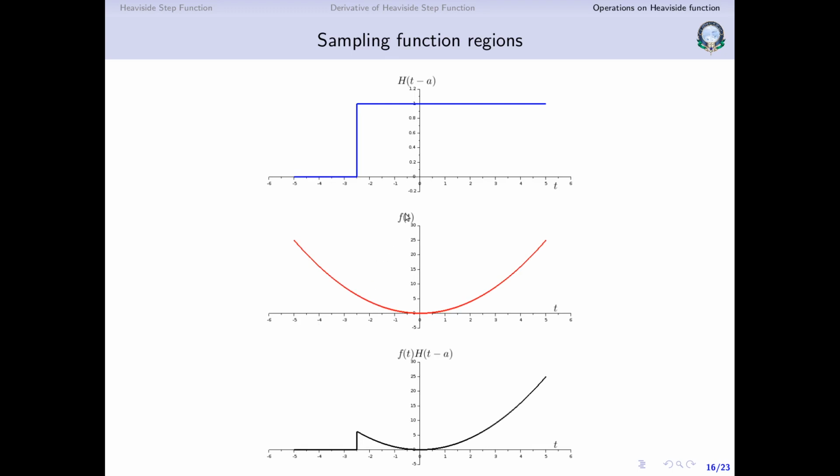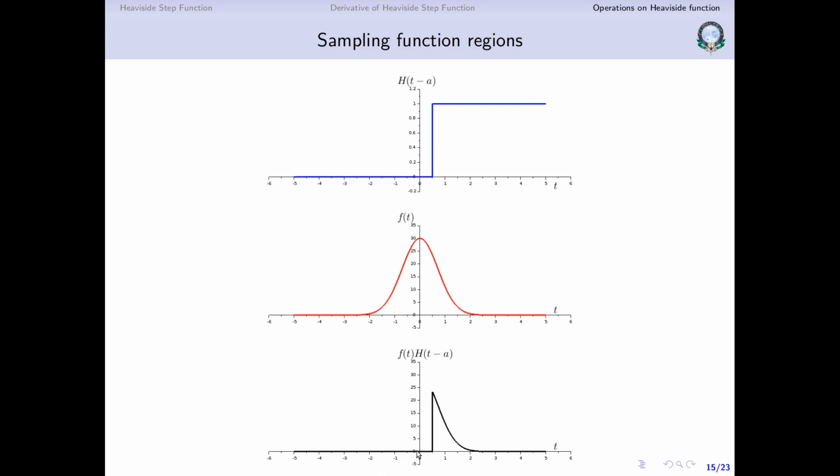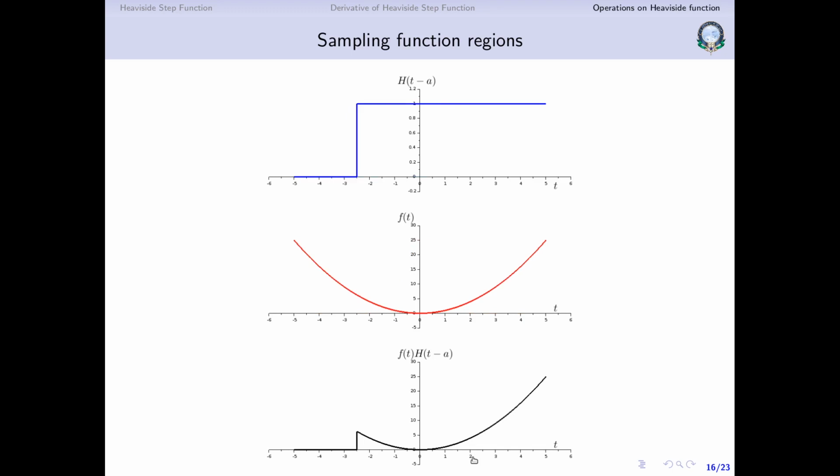In a similar manner, here what we did was we multiplied the function with the Heaviside step function. One side we had 0 and the other side we had the function itself. Now, instead of multiplying the function with a single Heaviside step function, we could also multiply it with a difference of two Heaviside step functions, wherein a is less than b.